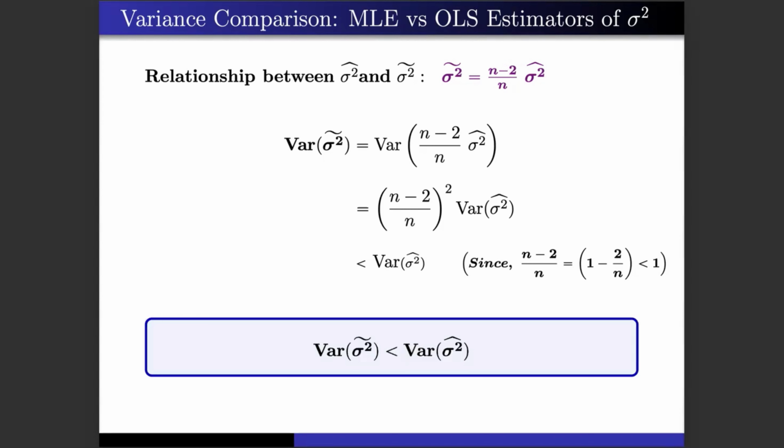Thus, we have that the variance of the maximum likelihood estimate of sigma square is less than the variance of the ordinary least square estimate of sigma square. And these are some differences and similarities between the estimates obtained using the maximum likelihood estimation and ordinary least square estimation methods for the simple linear regression model.